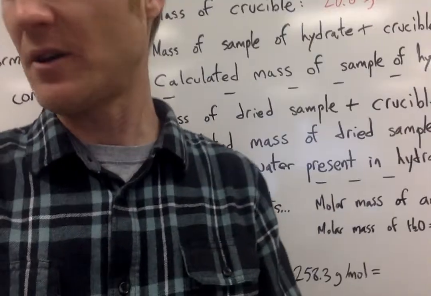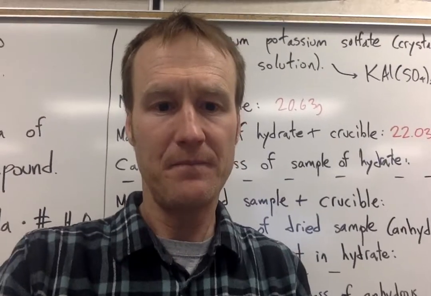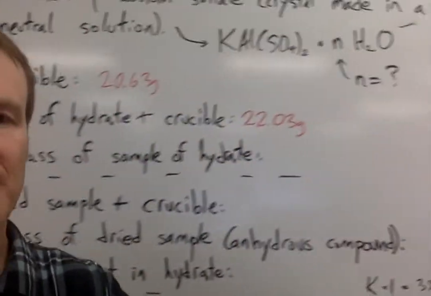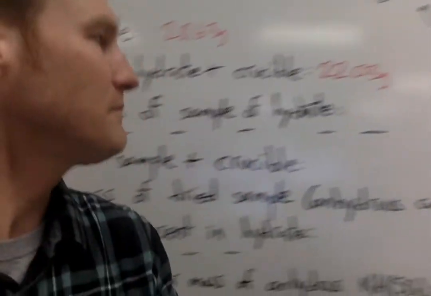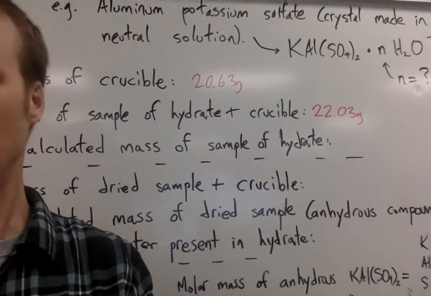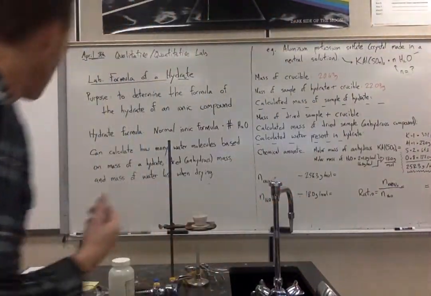Then I put a crystal of the alum in there, into the crucible, and this is the mass I got after that. This allows us to calculate the mass of the sample. That's pretty straightforward. That's 22.03 minus 20.63.